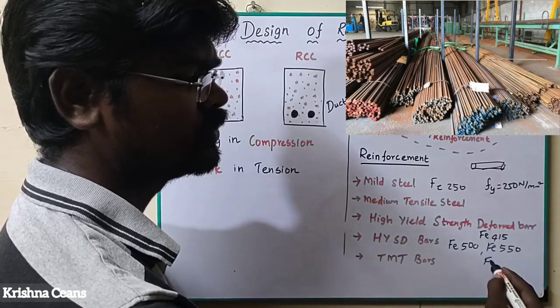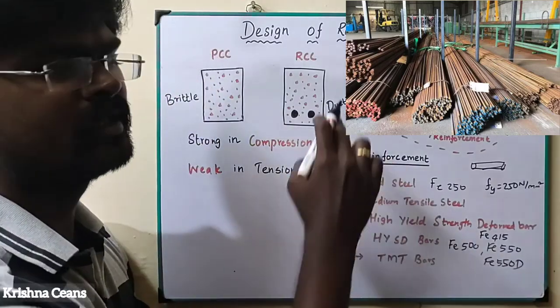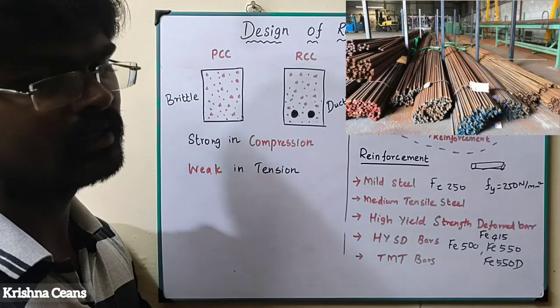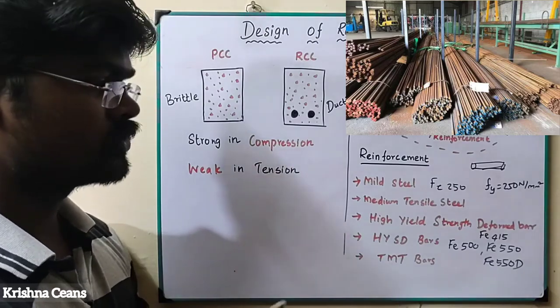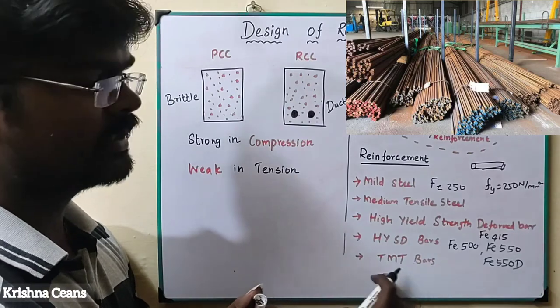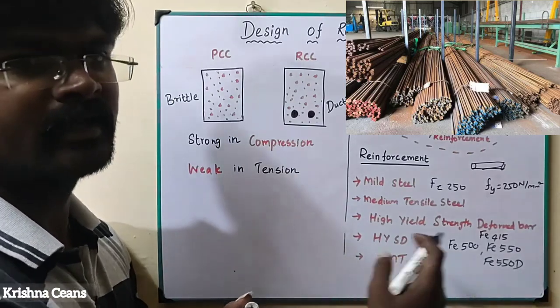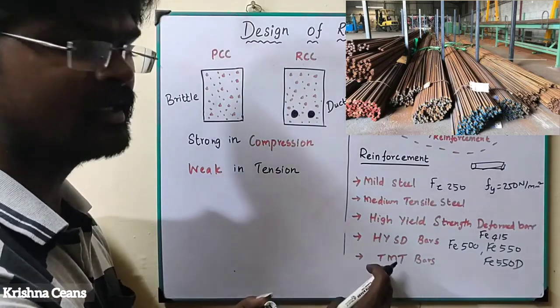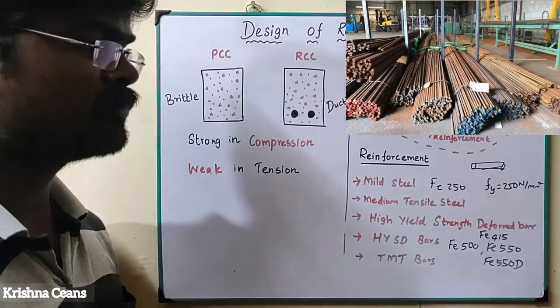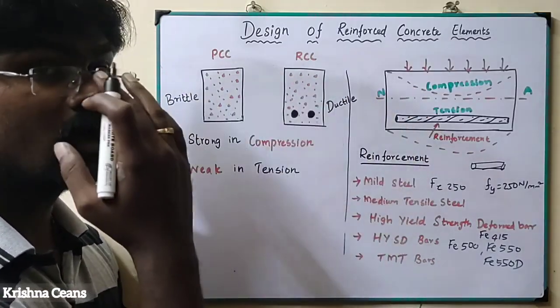Nowadays we are using Fe 550D also. D is nothing but ductility, durability, like that we can easily say. After that, thermomechanically treated bars, which we simply call TMT bars. So these are the reinforcement we use for RCC.